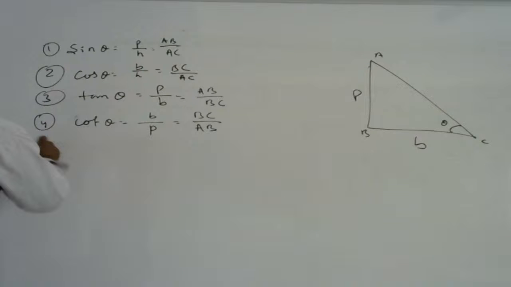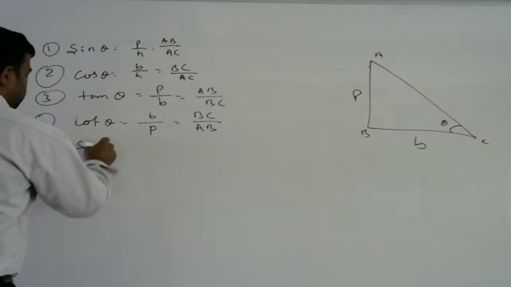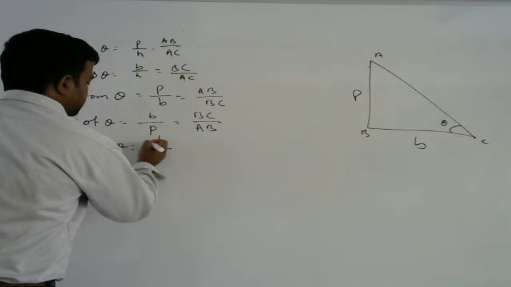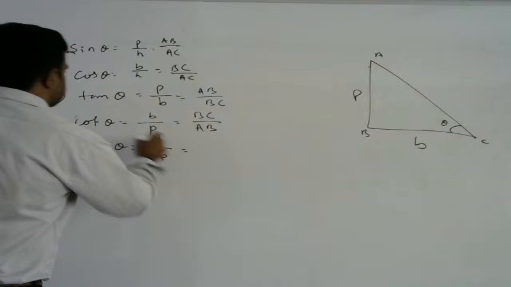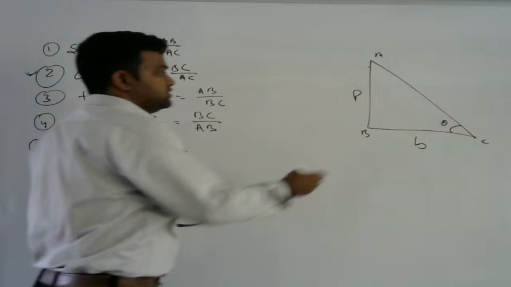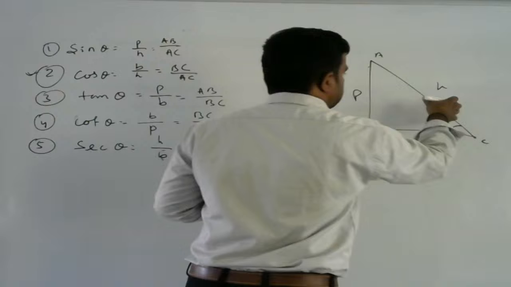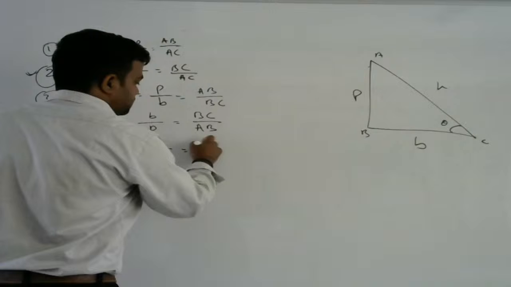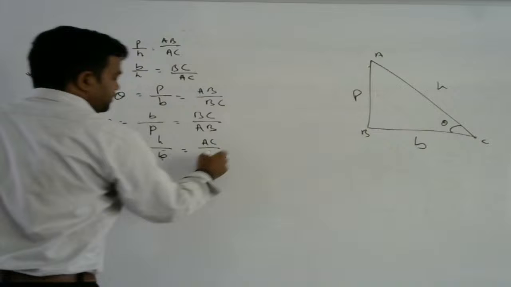Now sec theta equal to h by b, exactly the reverse of your cos theta. So h is the hypotenuse. H by b means AC upon BC.